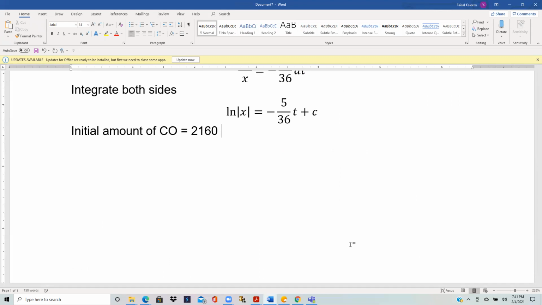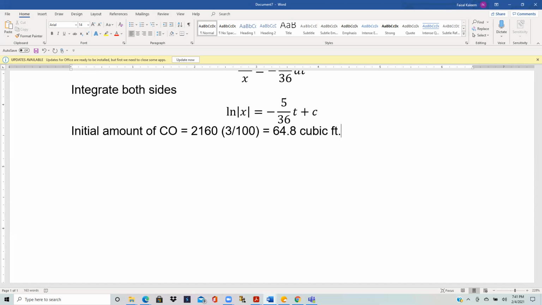The zeros cancel out, 216 times 3 is 648, so 648 by 10 is 64.8 cubic feet.